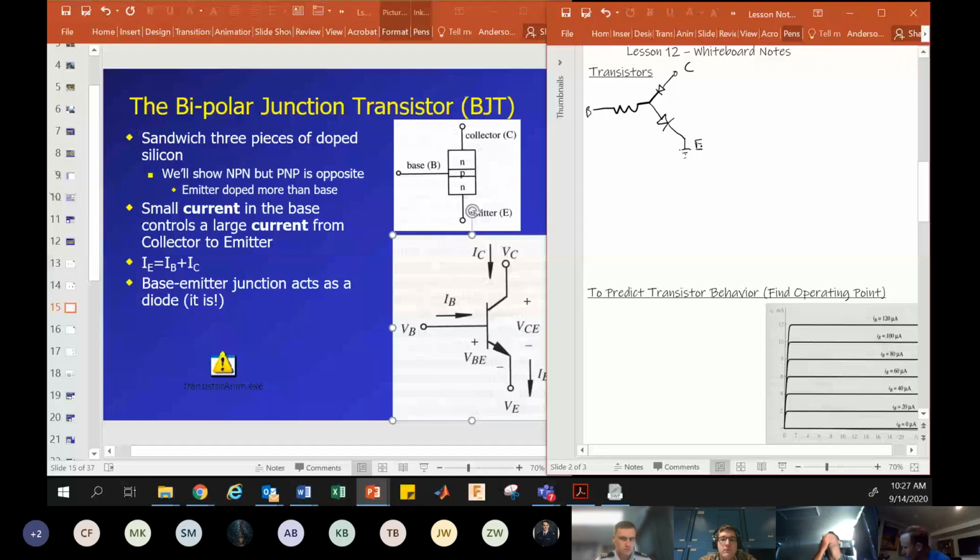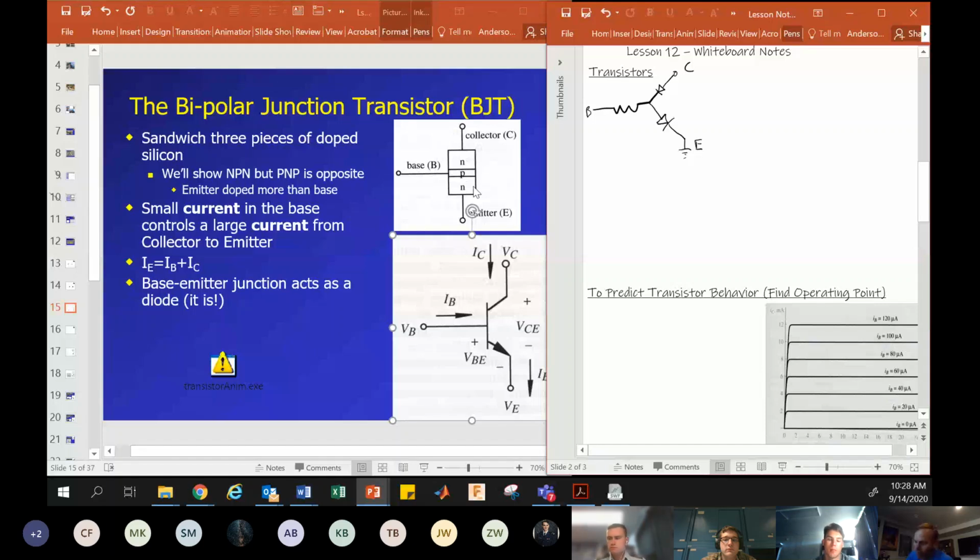And the reason we use this diode analogy is to show that current only flows in certain directions. So a bipolar junction transistor is physically created by sandwiching that N or P type material in this arrangement. This is what's known as an NPN transistor, but you can also have a PNP.